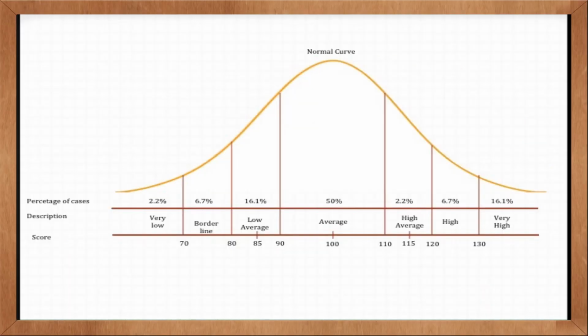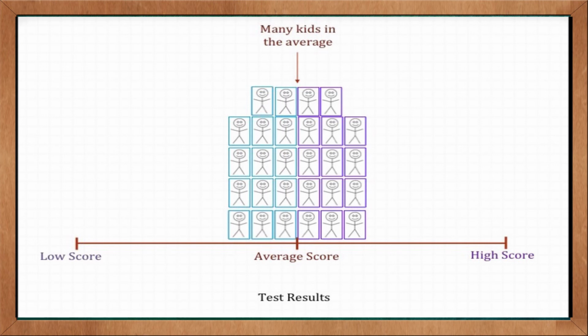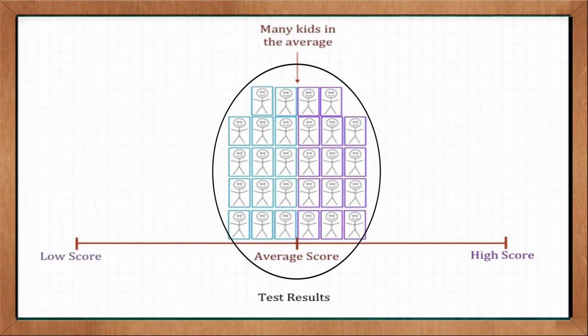Now, you can see a bell curve. Using the Wechsler Intelligence Score as an example, let's go over some of the numerical information regarding the standard scores, where we can see a child in the below average score. In this test, the average range is between 90 and 110.